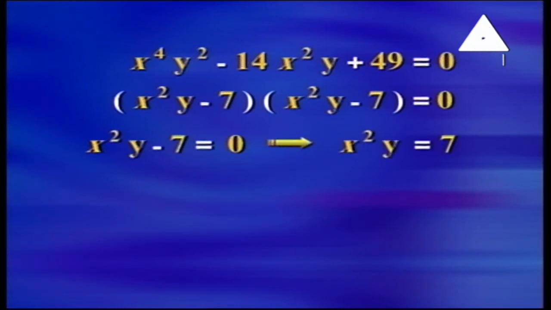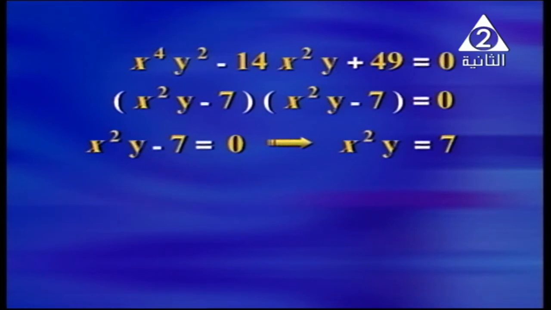The first bracket is x to the power of 2 y minus 7, and the other one is x to the power of 2 y minus 7, equals 0. You are going to notice that these two brackets are the same, so we can start with x squared y minus 7 equals 0, and the other one will be exactly the same. So x squared y equals 7.